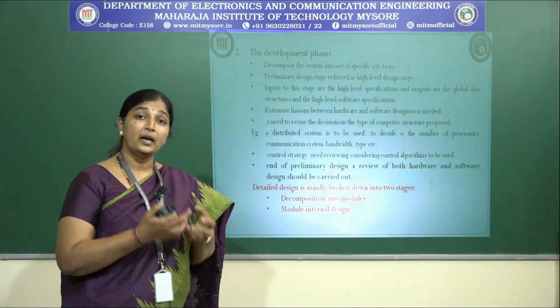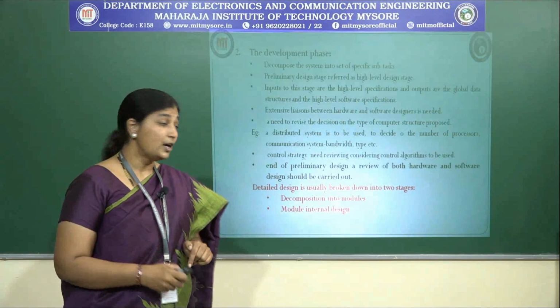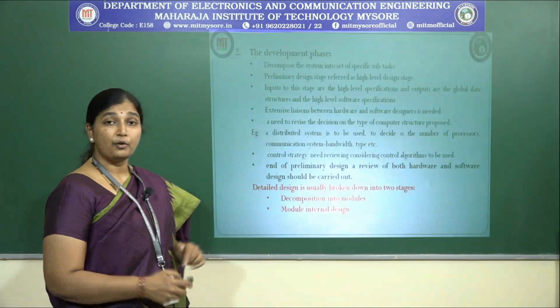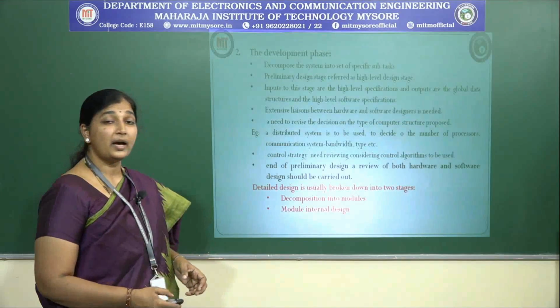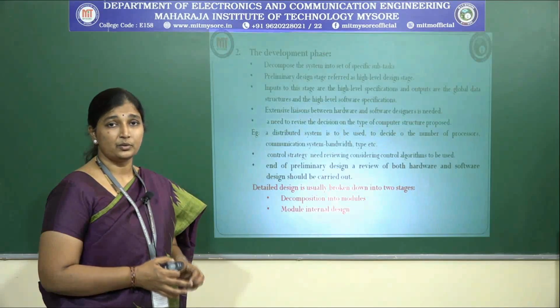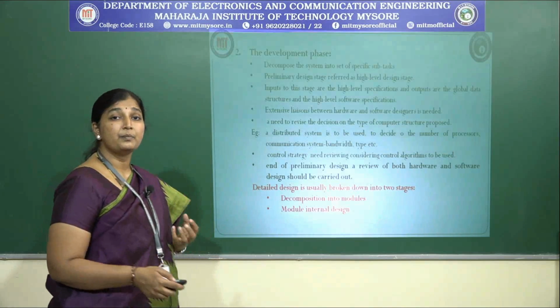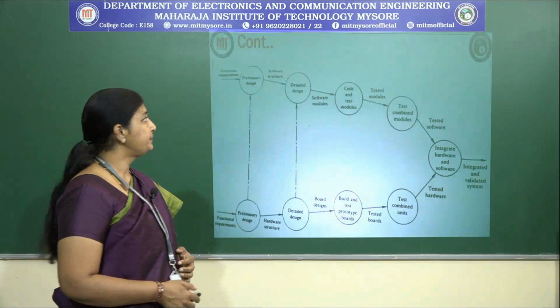You're going to design and develop in that subtask itself, right? So that is the decomposition of the module. Then after that, the module internal design has to be considered. This is how we actually break the entire huge task into simple subtasks.